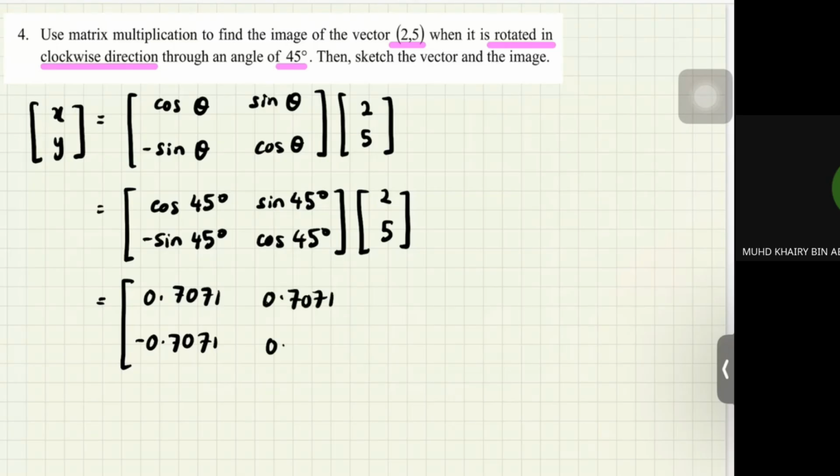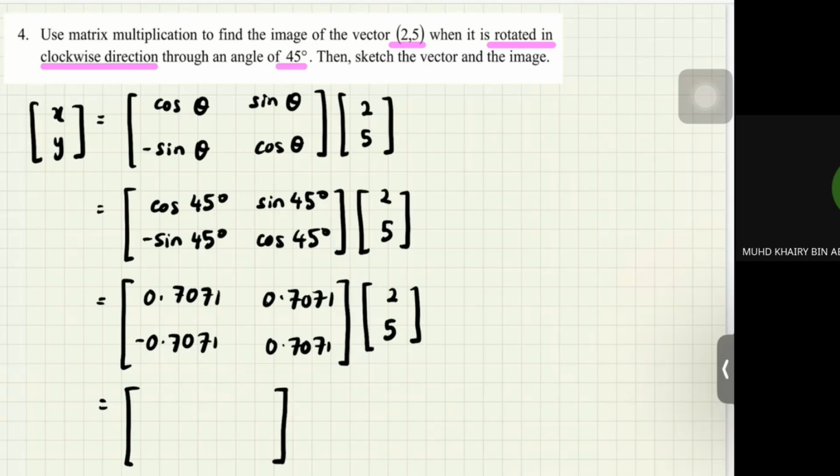0.7071, 0.7071. So you only need to calculate once, you can get all the values. You only calculate this one and this one, the rest just repeat. So 2 and 5, multiply these two values, you will get, okay, what is your answer?